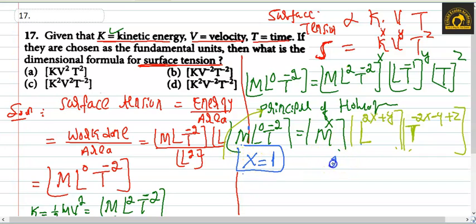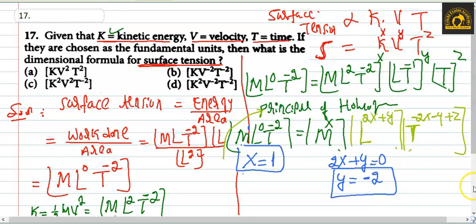Then 2x plus y is equal to 0. Then 2 into 1, y is equal to minus 2. Okay, y is equal to minus 2.